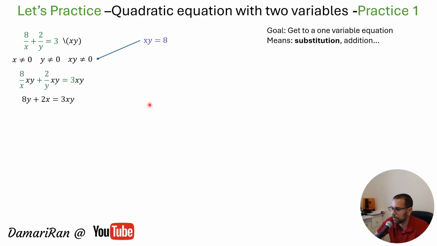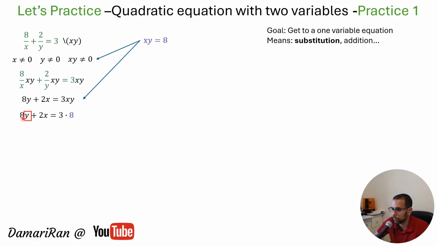Now, let's use our creativity. We have an xy here, and we have a y here. You know how I like to start with an x only. So let's do it. I can take this xy, which also appears here, and instead of writing xy, I can plug in an 8. And that's what I got.